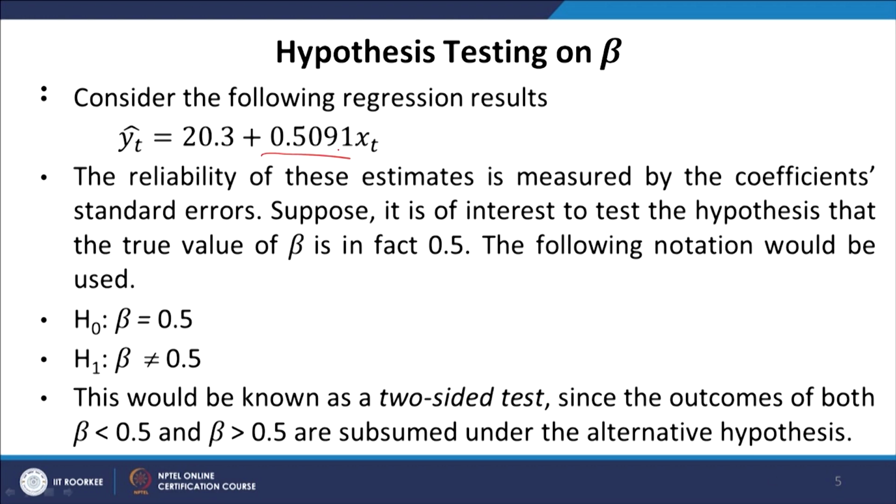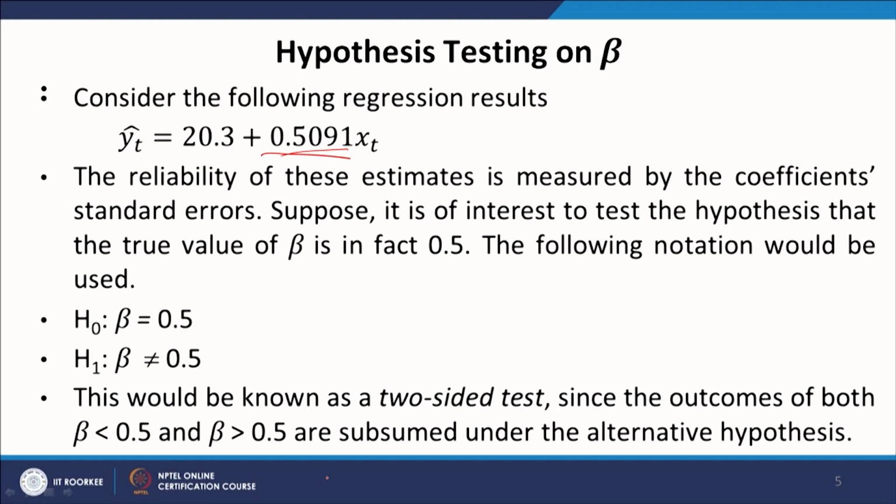So, this is the time when we introduce how we can test how good this estimated parameter is. The reliability of these estimates is measured by the coefficients' standard errors.